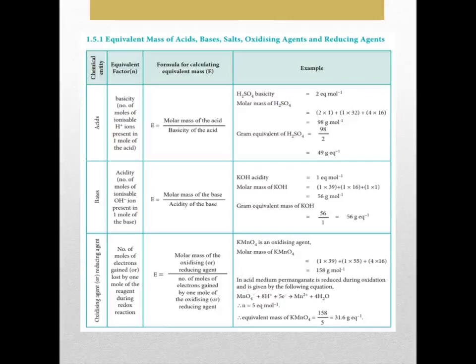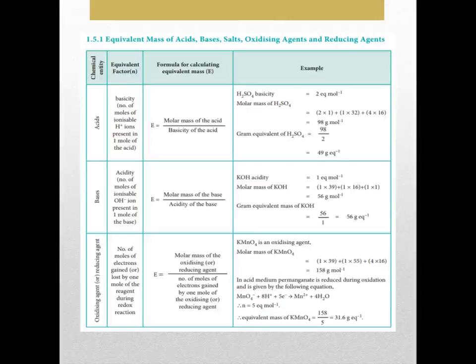The basicity of H2SO4 is 2 equivalent mole inverse, because it has 2 hydrogen atoms. So H2, so 2 equivalent mole inverse. Do you understand, children? The basicity value is 2, that is the N value.